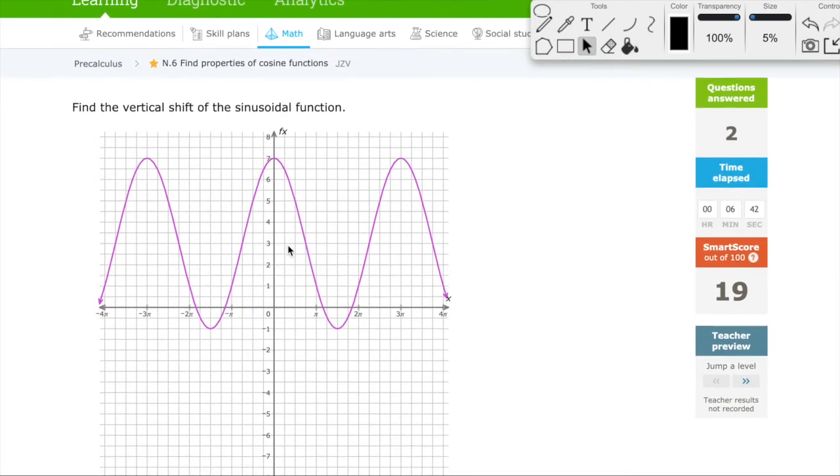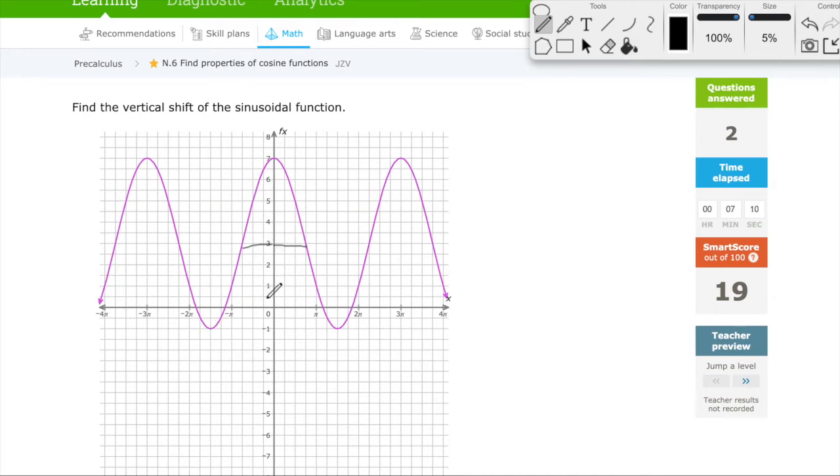Okay, something else I could ask for is a vertical shift. Something I would ask you to pay attention to for this is the midline, or that middle of the graph. So if we think about the middle being like 3, for example, because it goes up to 7 and down to -1, so 3 would be the middle.